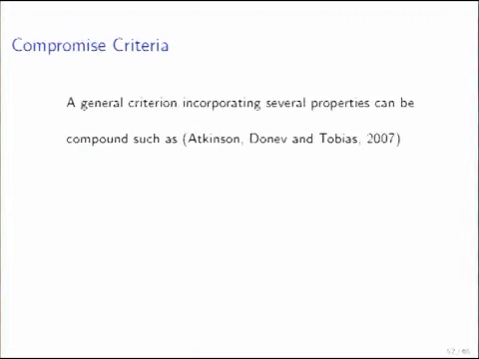So we could then use all these criteria to write a very general criterion in the same fashion as proposed by Atkinson, Donev, and Tobias. We have several properties that we can give weights for, according to the objective of the experiment, and design an appropriate experiment based on that.